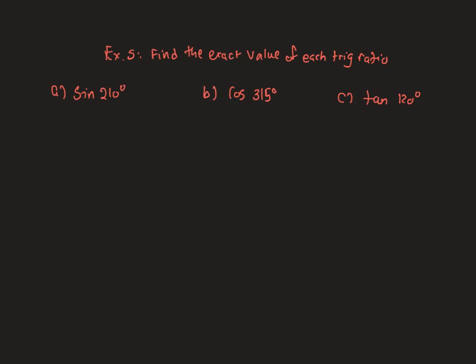In order to do that, you need to figure out the angle in quadrant 3, because 210 happens to be in quadrant 3. So what you need to find is your actual gamma.